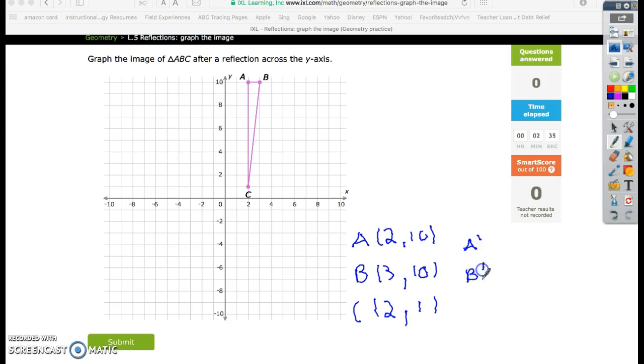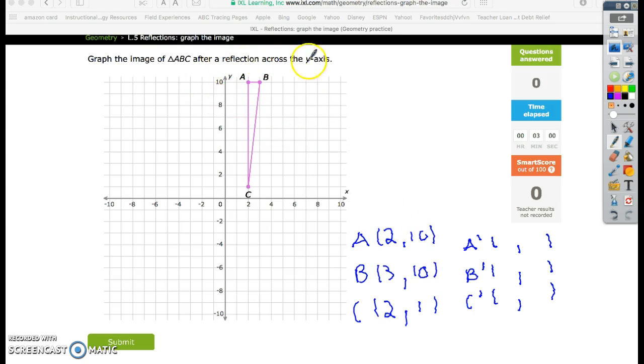B prime, and C prime, I have to use my reflection rules. The rule of reflection, if I'm reflecting over the y-axis, is to change my x value and make it opposite.